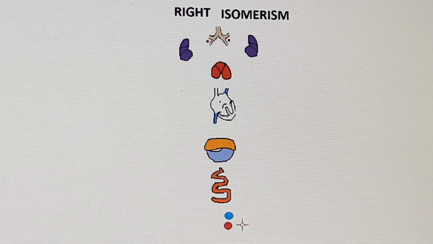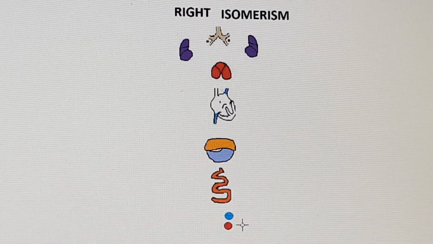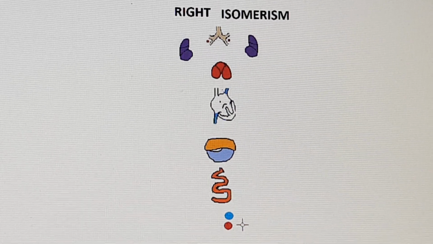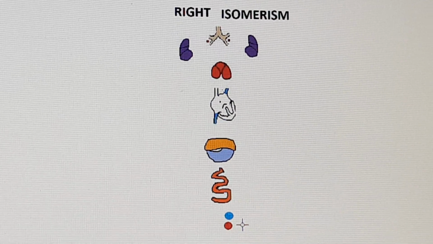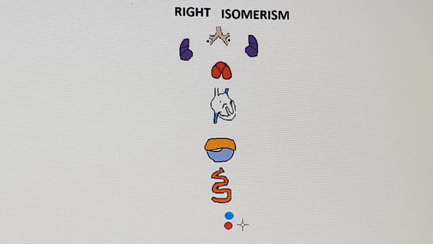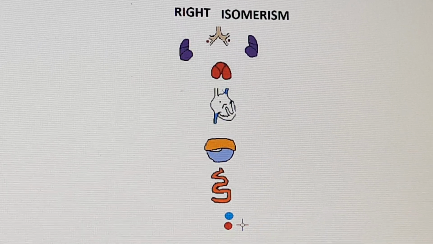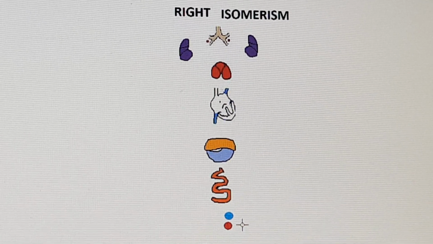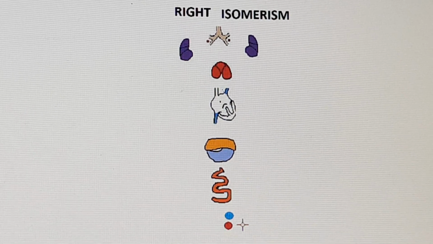Cardiac abnormalities would look very grotesque, and if there is a heart block, conduction abnormality, then we think of left isomerism. If there are very serious cardiac anomalies, then we may be dealing with right isomerism, especially with an LSVC.